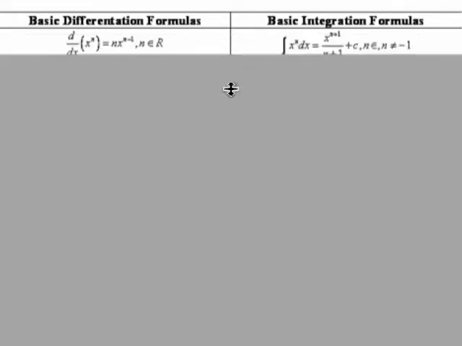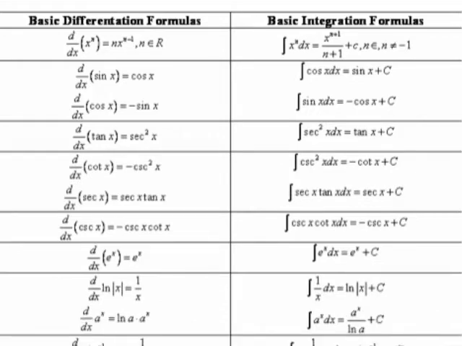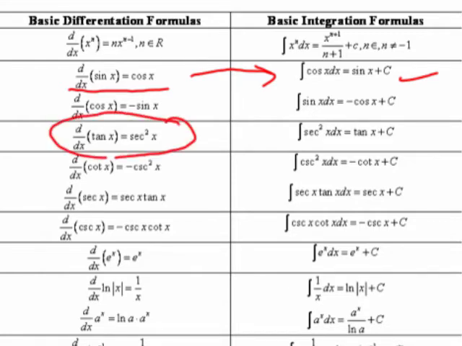So we know we have a pile of derivative formulas. We therefore have the corresponding integral formulas. For example, the derivative of sine x is cosine x, which means the integral of cosine is sine, plus a constant of integration. The derivative of tan is secant squared, so the integral of secant squared x with respect to x is tan x plus c.